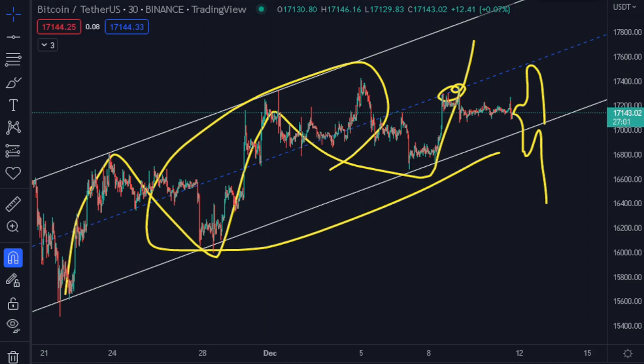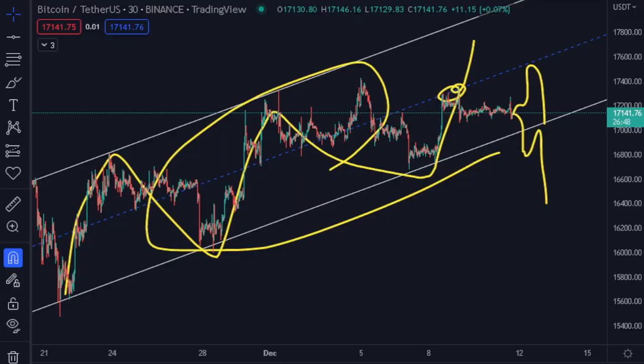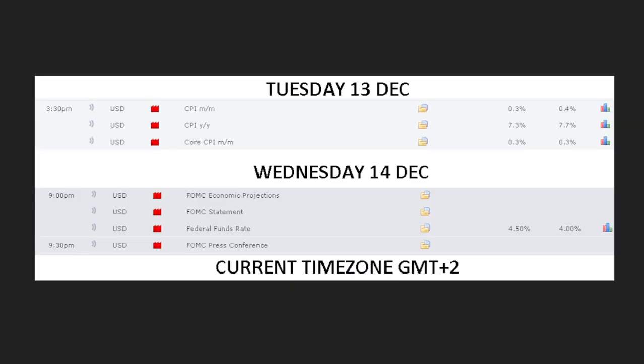Let me check for you guys. Yeah, there it is. All right, on Tuesday we have CPI, the monthly CPI and the yearly CPI, then the core CPI.